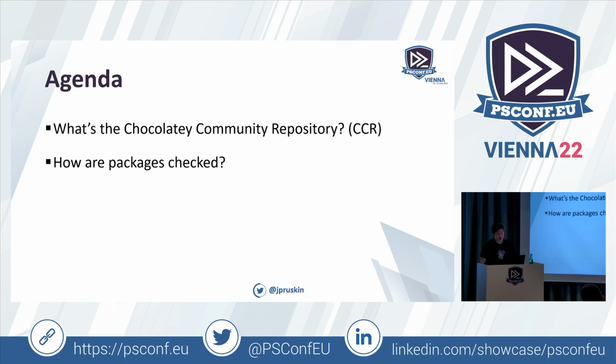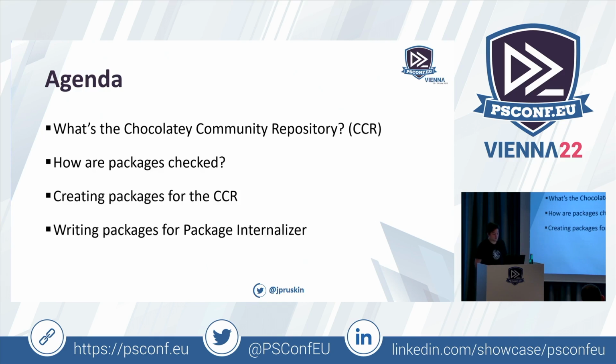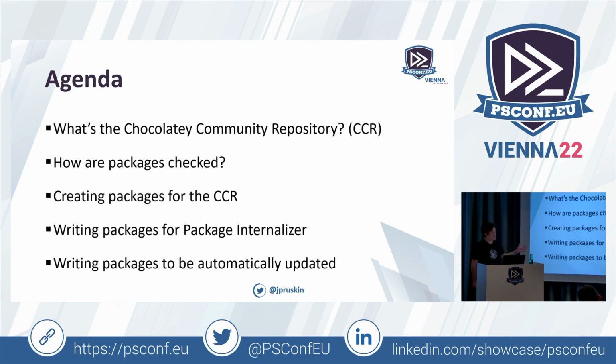We're going to demonstrate how to create a package that you might push to the Chocolatey Community Repository or any other repository that you control. We'll also cover how you might want to modify those packages for best interacting with Package Internalizer, which is something that we offer licensed customers, and how you might want to modify things so that you can write automatic update scripts easily. Please also mention if I'm going too fast, I can slow down, maybe.